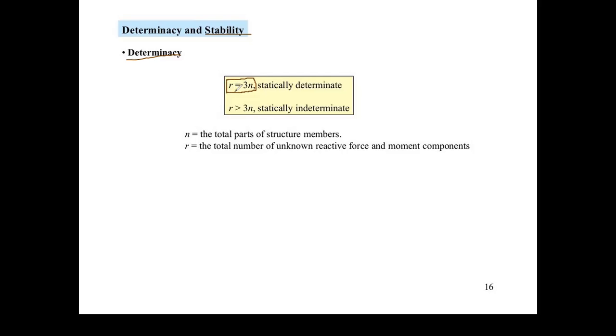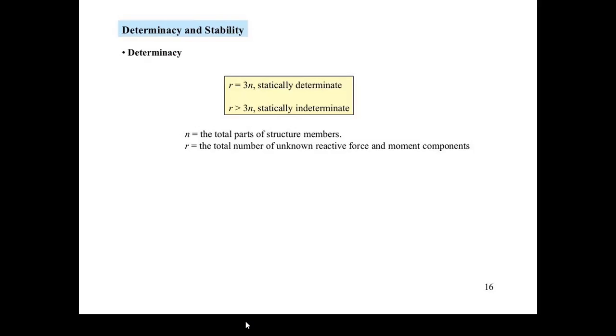If R is equal to or less than 3N, that means the structure is said to be a statically determinate structure, right? If R is greater than 3N, that means we have to designate that structure as a statically indeterminate structure, right? So what is the meaning of determinate and indeterminate structure?